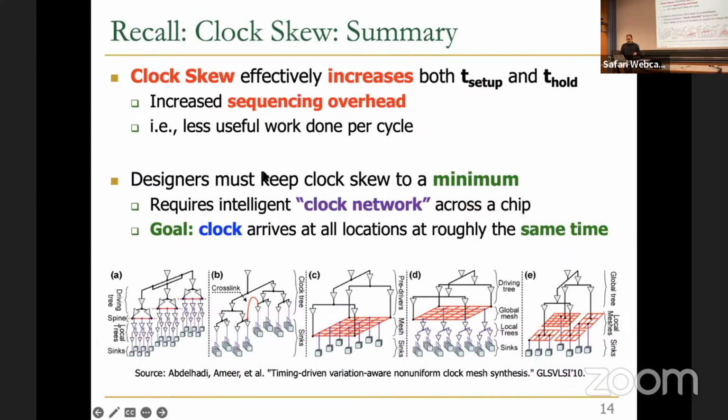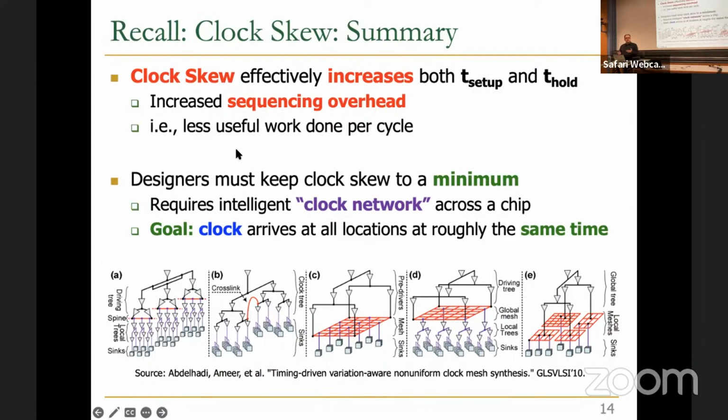If you know about the clock skew topic, you know that clock skew effectively increases both setup time and hold time. I hope you know what setup time and hold time are. Okay, good, so I don't need to explain. Anyone want me to explain? Don't be shy. Good, great. So yes, clock skew effectively increases both T setup and T hold.